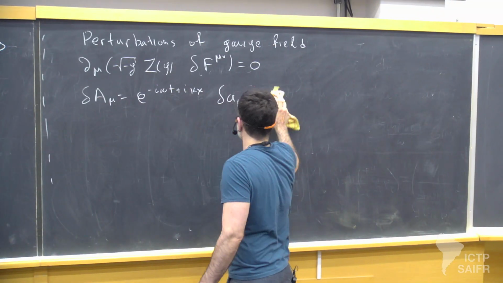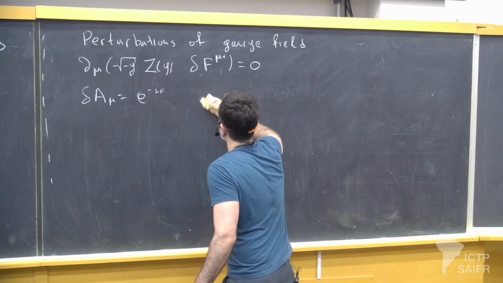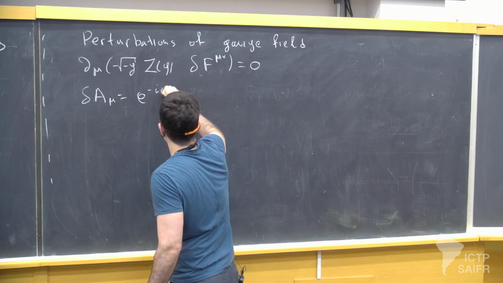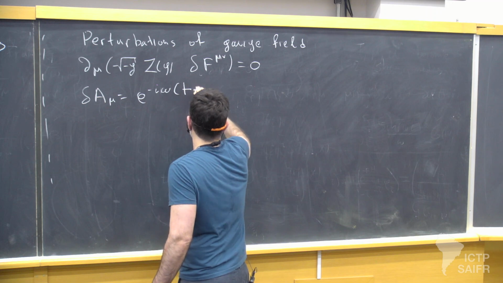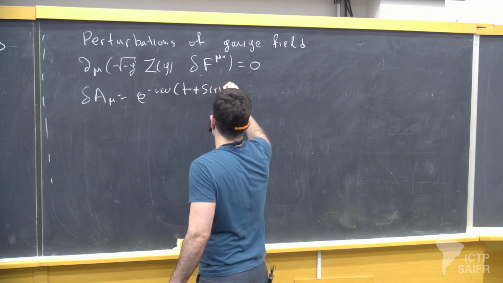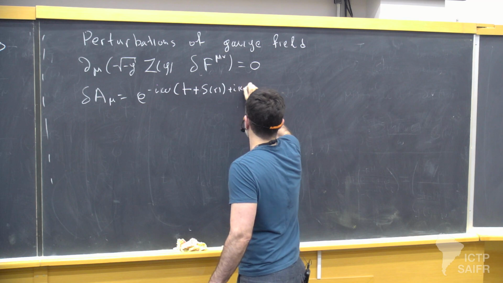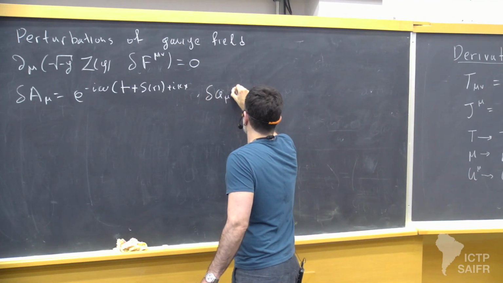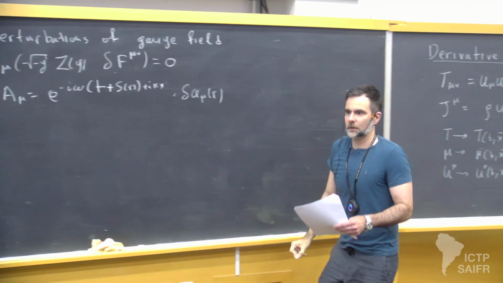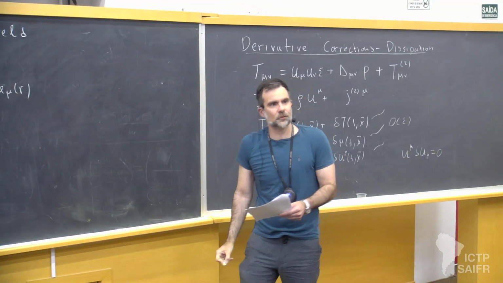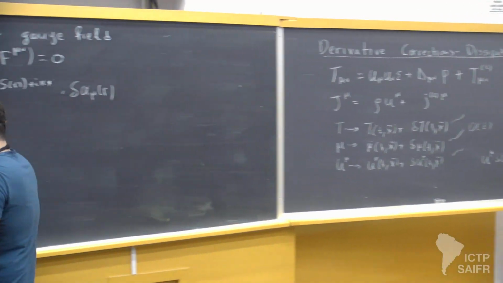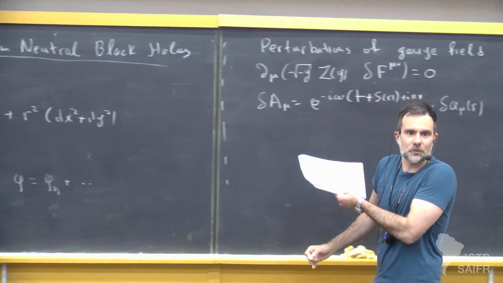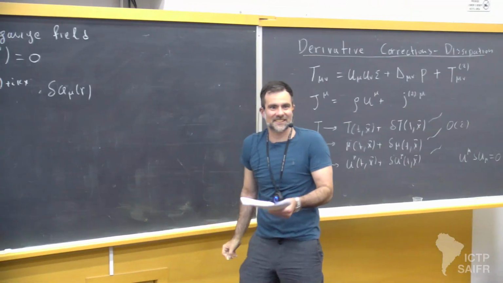Instead of writing this, I will write this: e to the power of minus i omega (t plus some function of the radius) plus ikx, all in the exponent, times a vector which depends on the radial coordinate. Now, what is this function s of r? So s of r can be anything I like. Okay, I haven't solved anything. I just wrote down some ansatz.